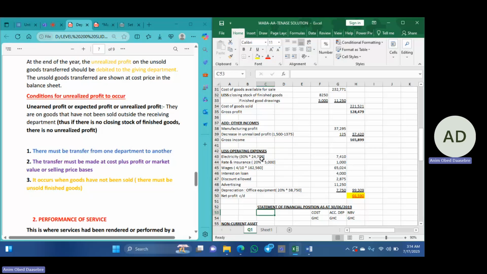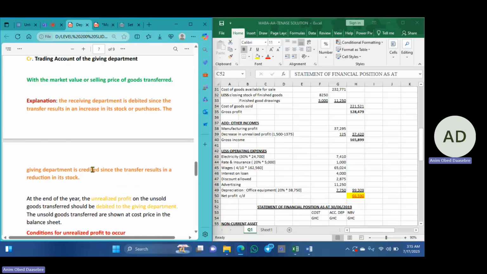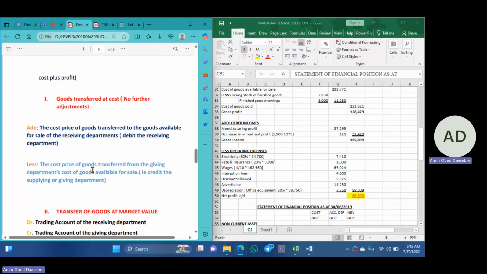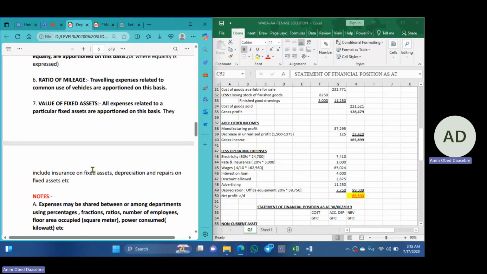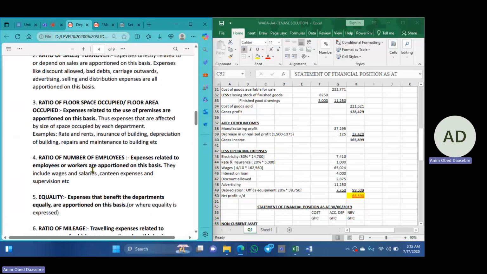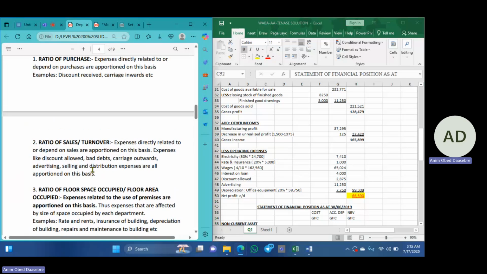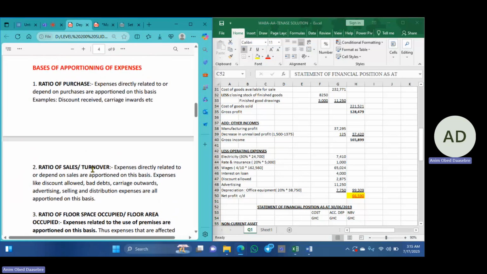Now, these non-factory overheads have different types. We have sales and distribution. You have those that go to the administration block, and you also have those that go towards other departments. You have to consider all of these when you are doing the operating expenses.